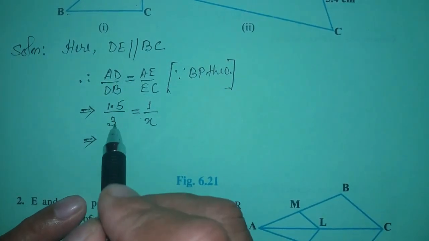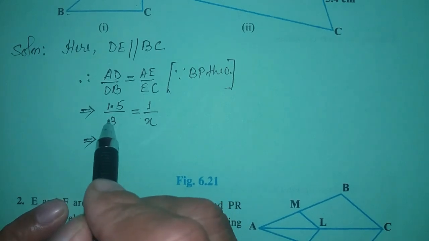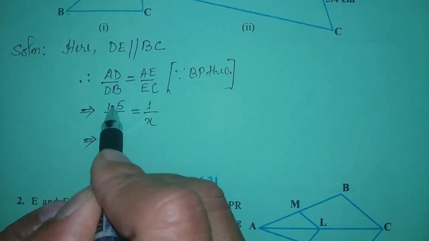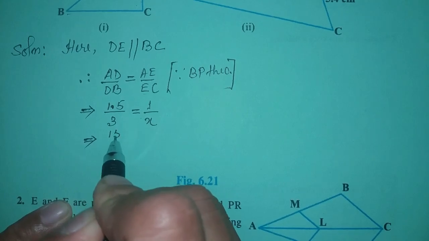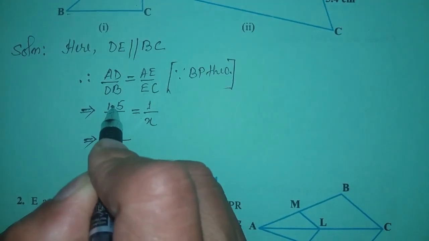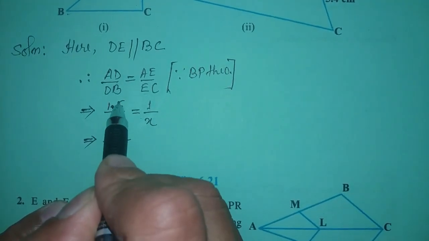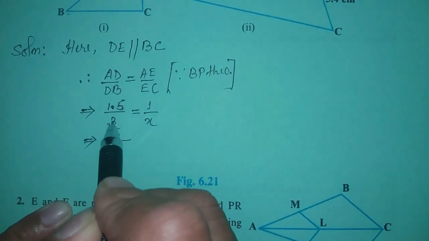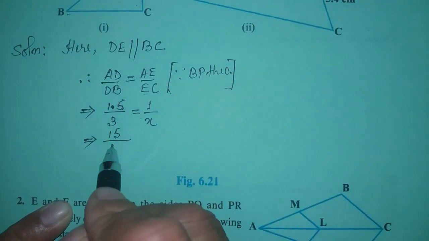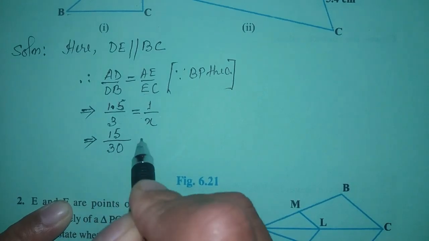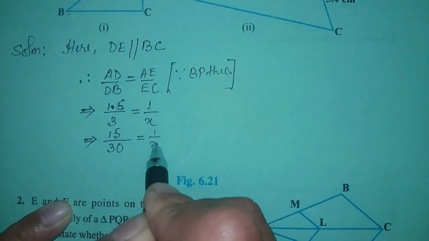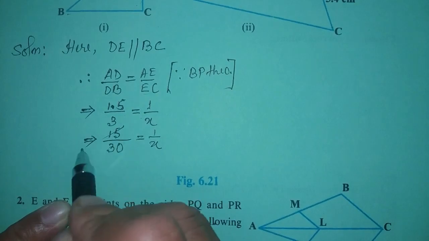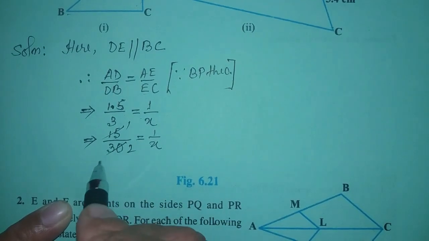Now to make our calculations simple, let's take out this point. If we remove the point, since there is one digit after the point, then in the denominator we will put 10 here. So this becomes 15 by 30 is equal to 1 by X. Now you can cut: 15 ones are 15, 15 twos are 30.